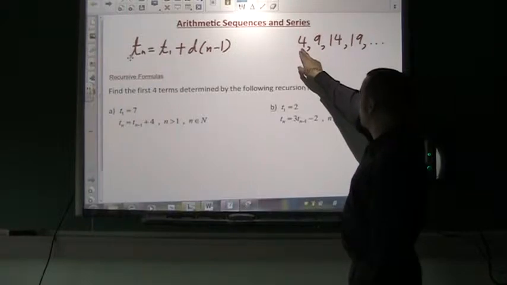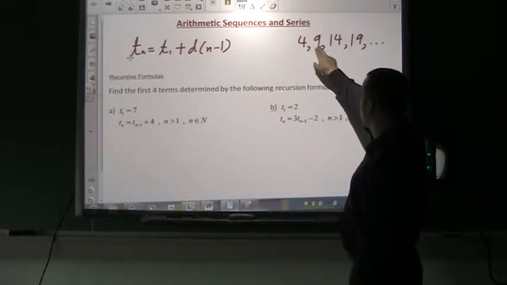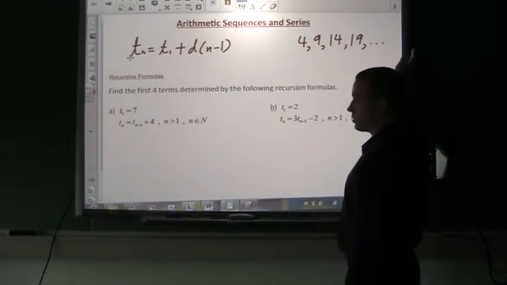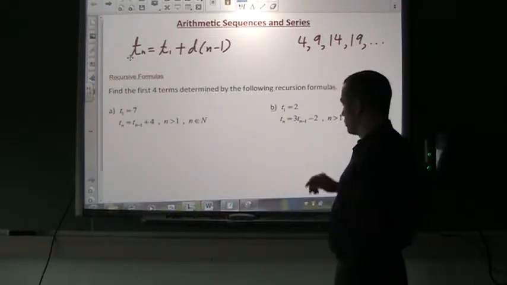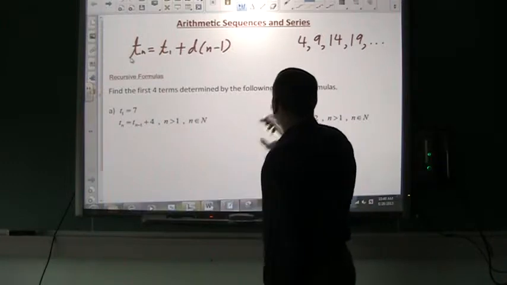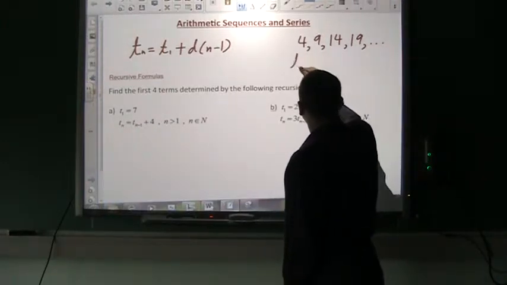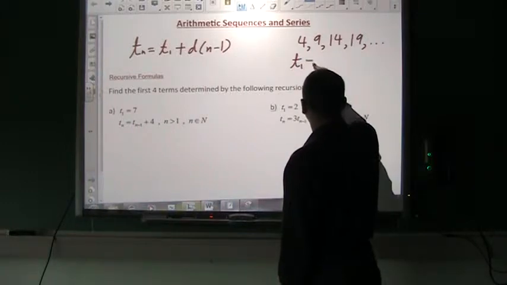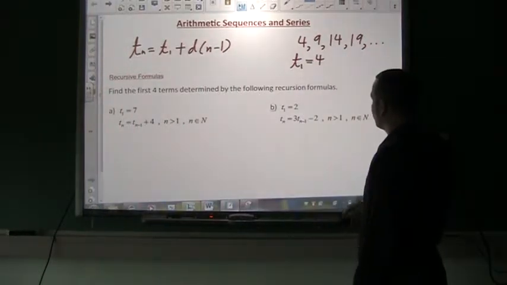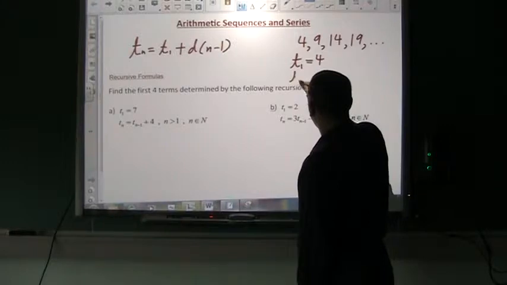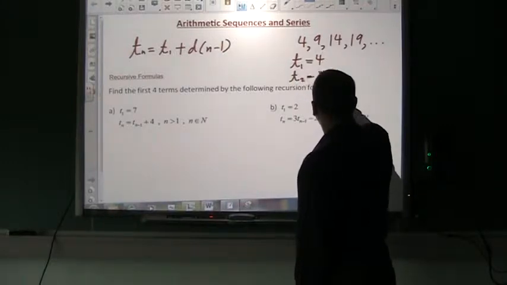So the first term is 4, the second term is 9, the third term is 14, and so on. The way we would label these, this first term is T subscript 1, and there's 4. And then our second term is T2, and that would be 9.